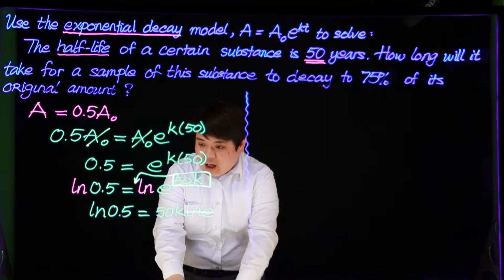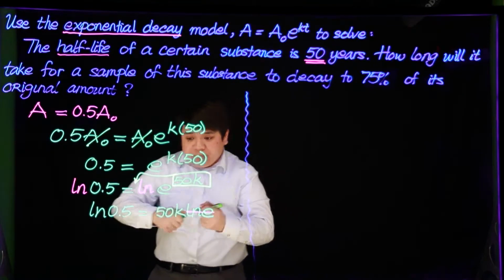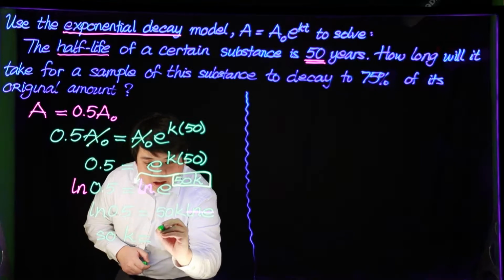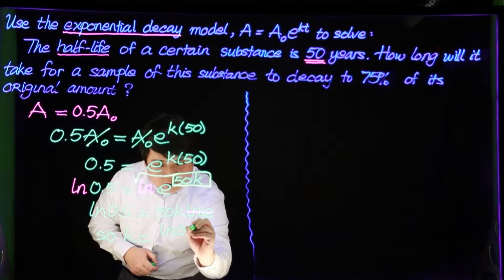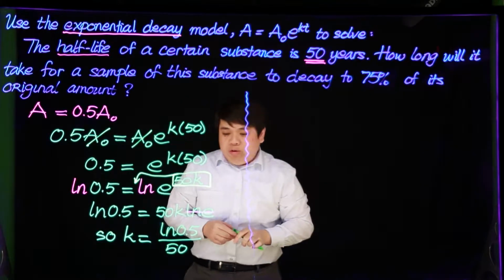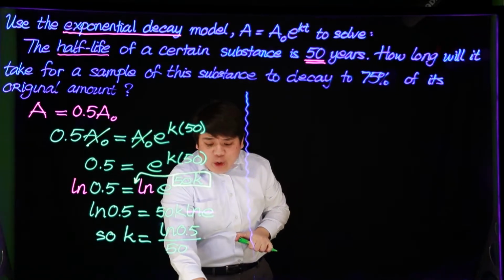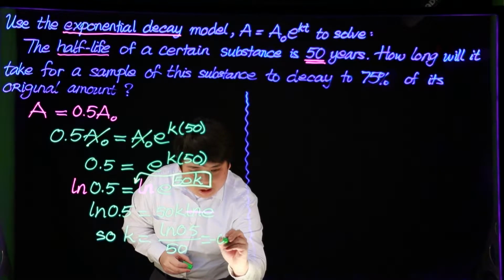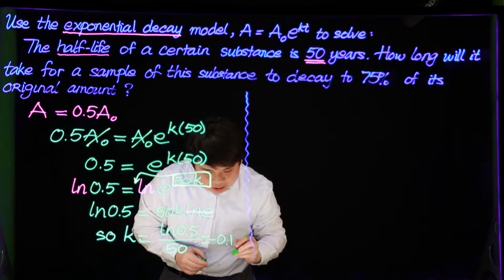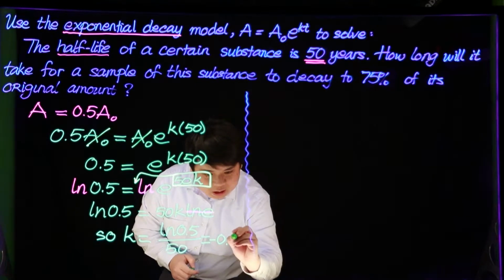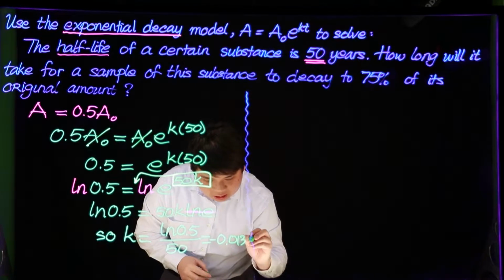So for K, we divide both sides by 50. So we have ln of 0.5 divided by 50. If we do that, we have negative 0.0138639.